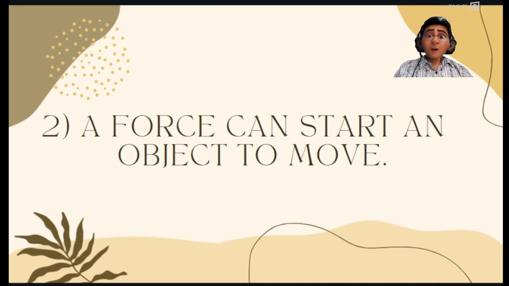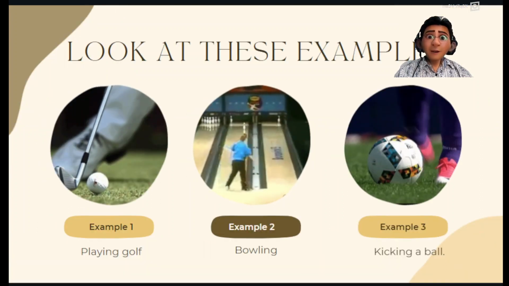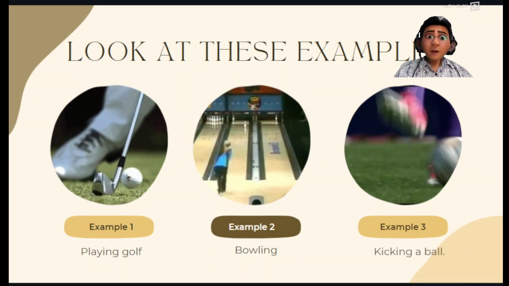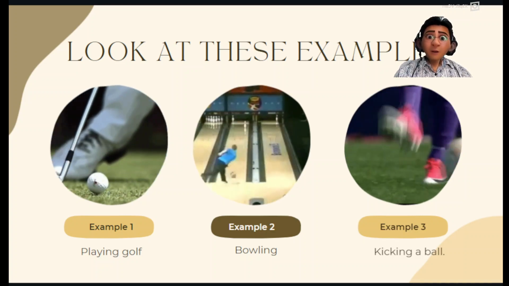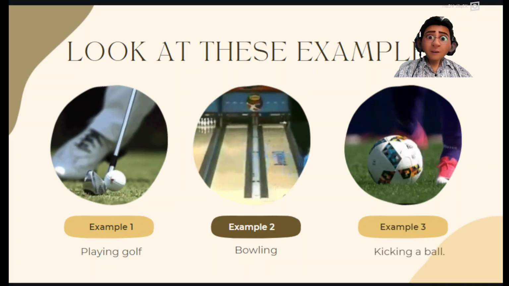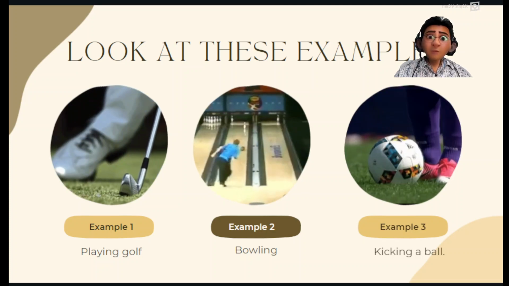Number two, a force can start an object to move from not moving. A force can start an object to move. Example 1, playing golf. The golf ball is not moving, but when the golf stick hits the ball, it's moving.